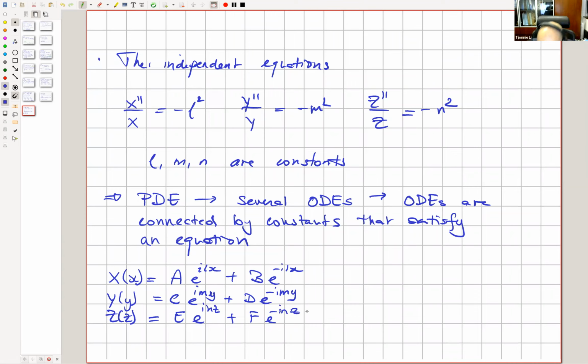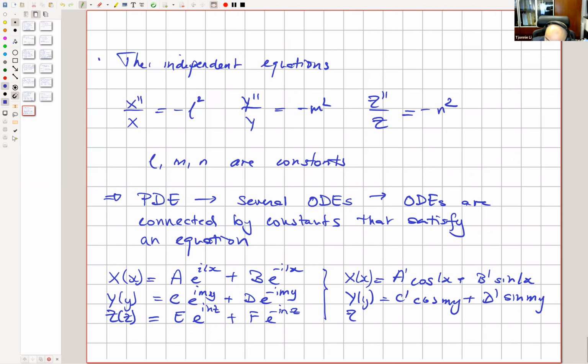Now, we could also write these solutions in a slightly different form. I can also write big X of x equals a, and I'm going to put a little prime, just not to confuse with the equation here, cosine of lx plus b prime sine lx, and the same thing for y, which is c prime cosine my plus d prime sine my, and z is e prime cosine nz plus f prime sine nz.